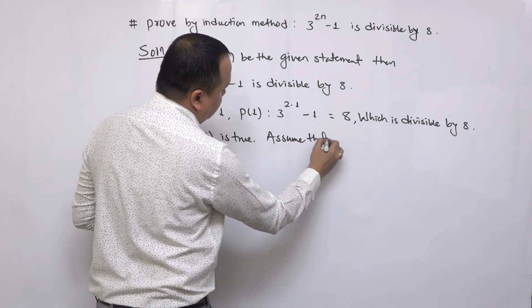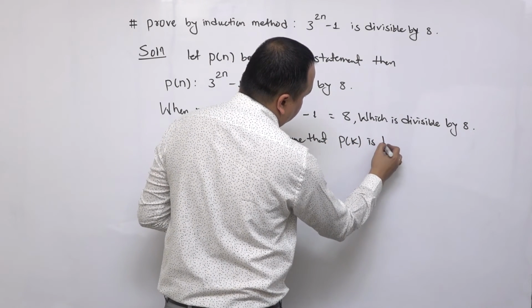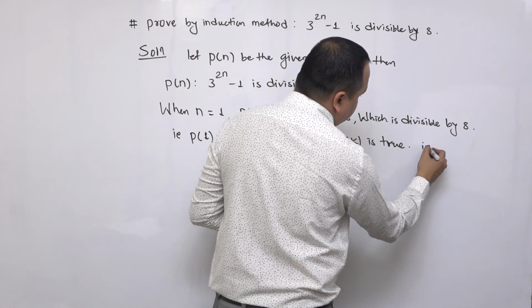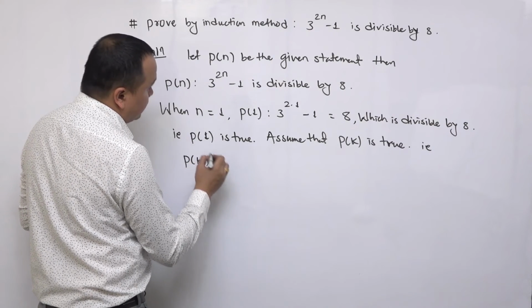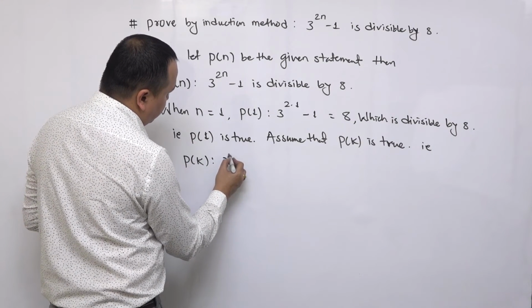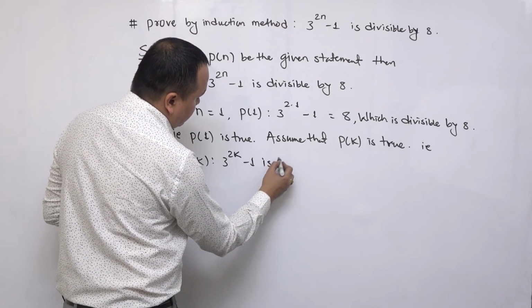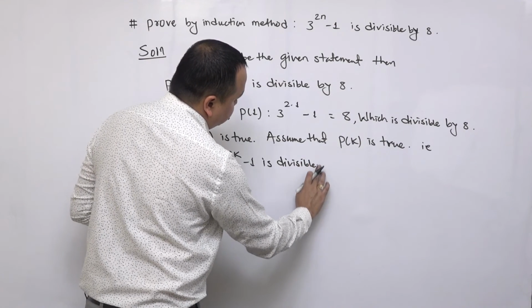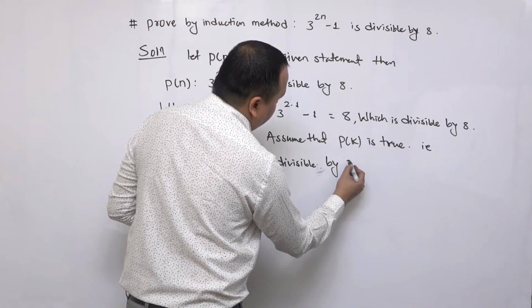Assume that Pk is true. That is, Pk such that 3 to the power 2k minus 1 is divisible by 8.